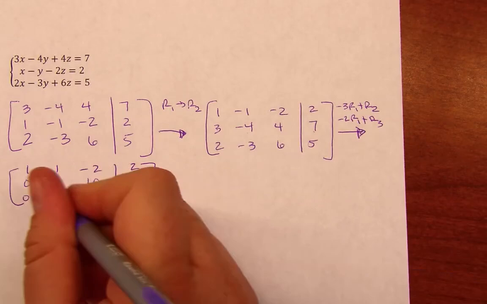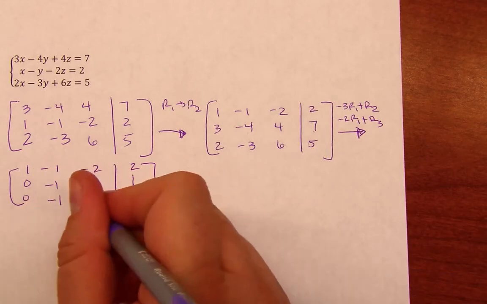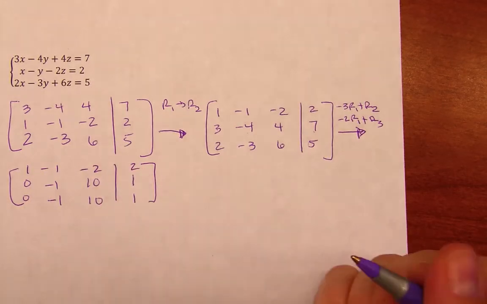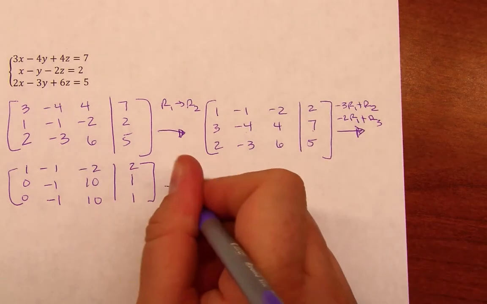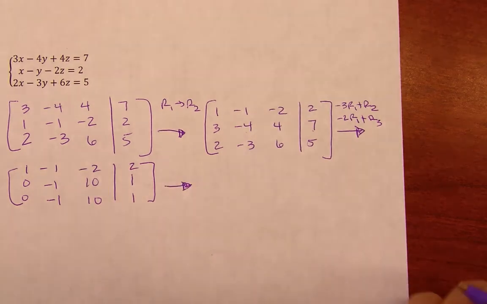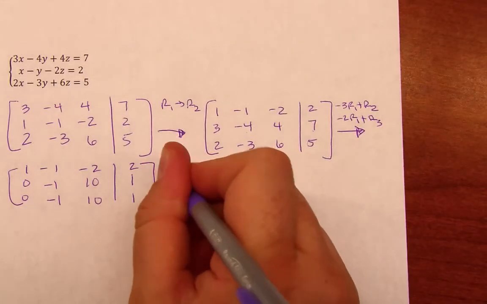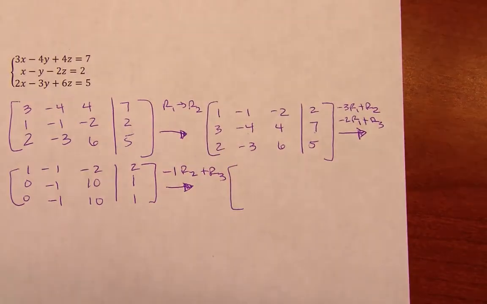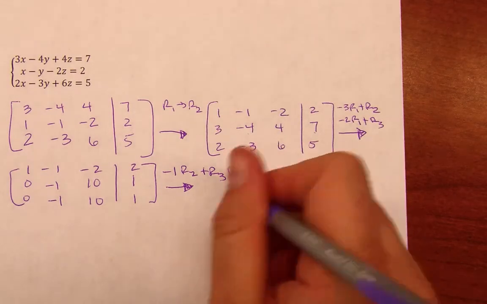Give me a 0 here. It's going to give me a negative 1 here, a 10 here, and it's going to give me a 1 right here. And then what we'll be able to do is notice that these two rows are the same. So taking it one step further, negative 1 times row 2 plus row 3. We can go ahead and cancel that, get zeros all in the bottom row.